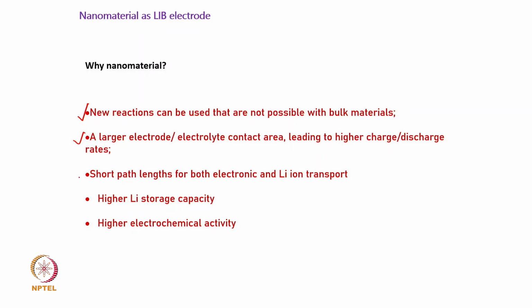Another important thing is the short path length for both electronic and ionic conduction. Ionic conduction here is the lithium ion conduction. So, this is a very important thing. Let me just tell you that when we talk about materials of any electrode, we basically look at three important things.